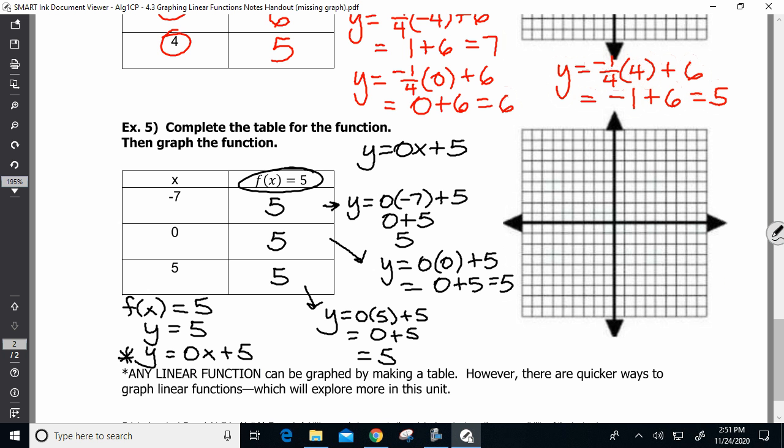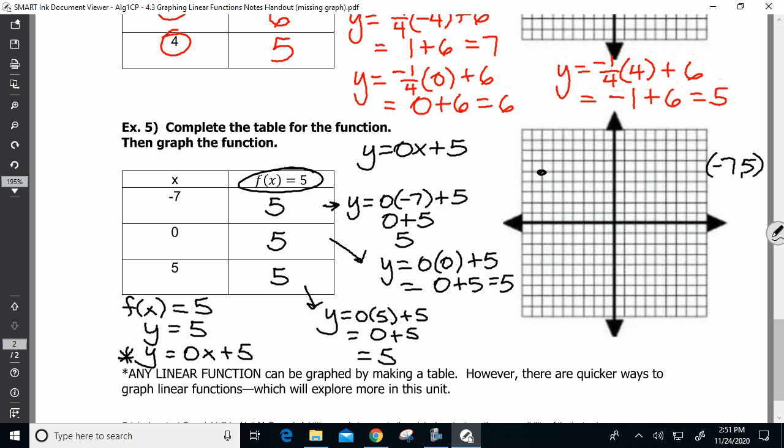Now let's look at the line. Negative 7, comma 5. Go to the left 7. Go up 5. Here's your first point. 0, comma 5. First number is 0, you don't go left or right.